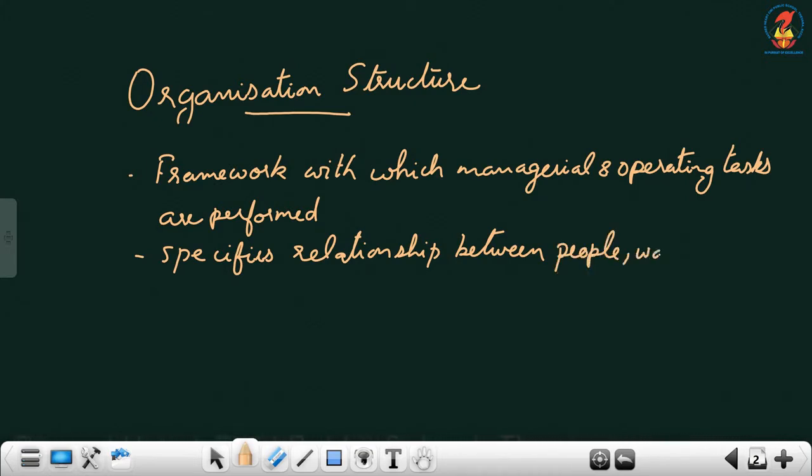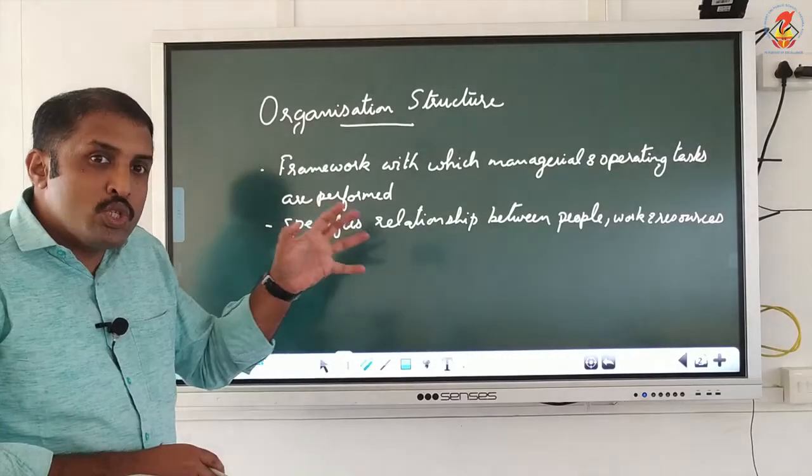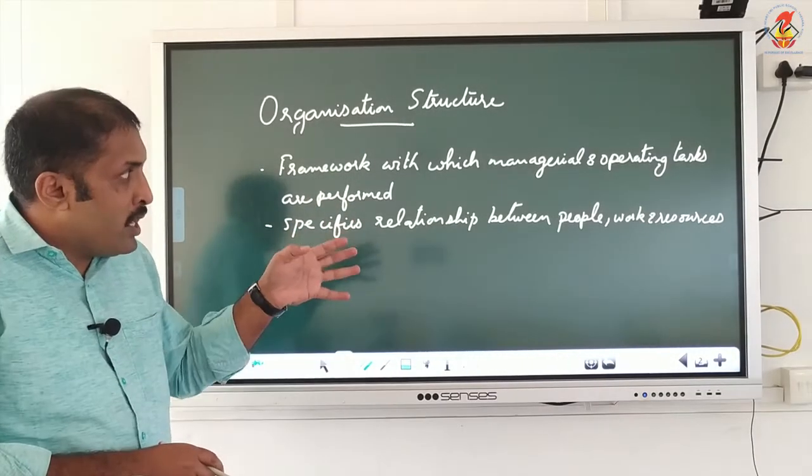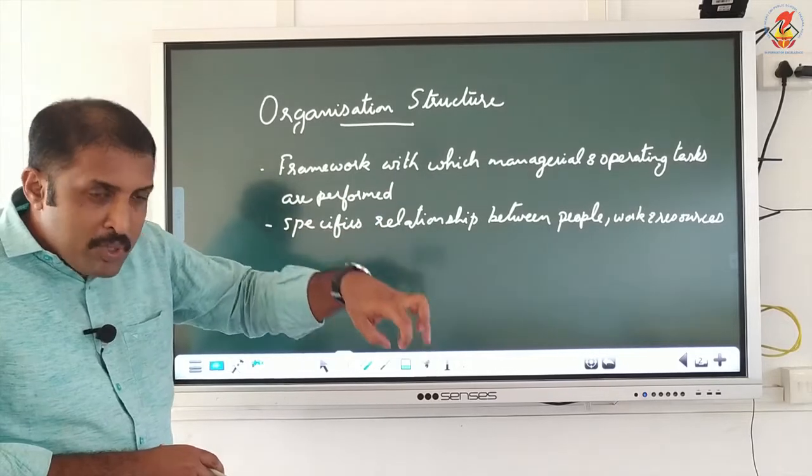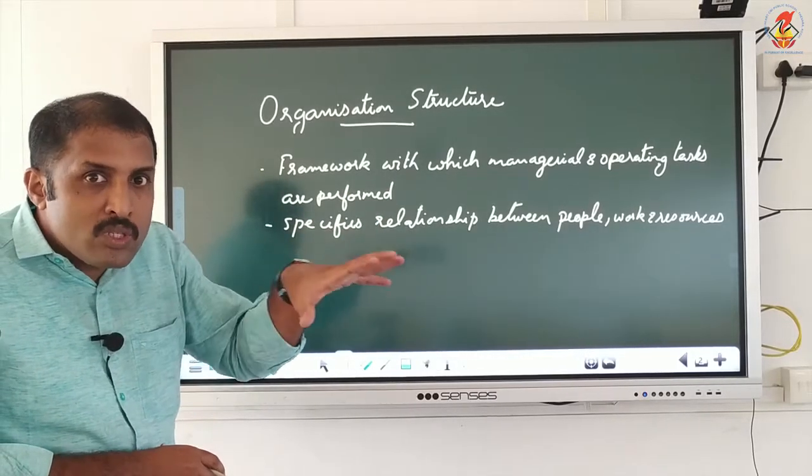That means within this outline, when managerial and operating tasks are performed, it is clarifying who is to do that particular work, what is that particular work a person has to do, and what all resources are to be used.